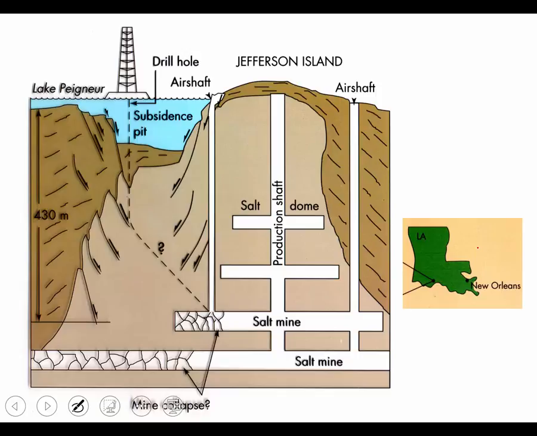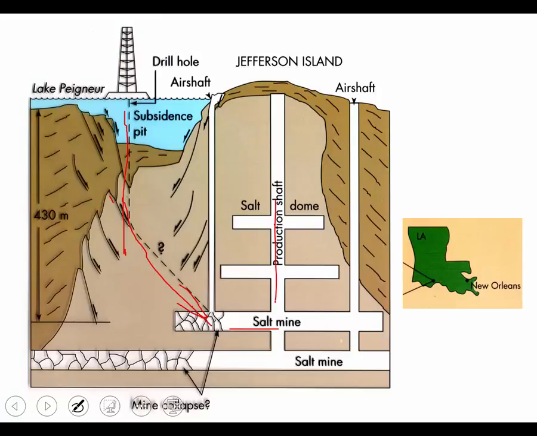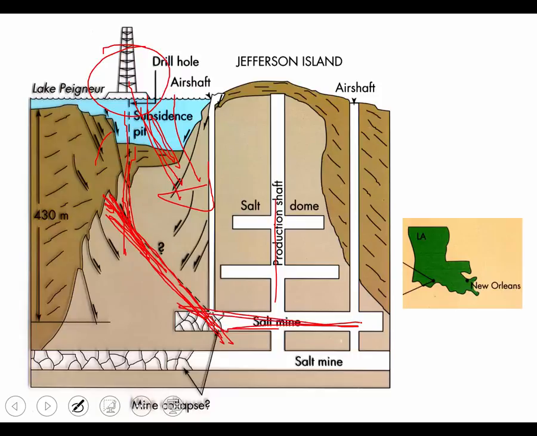And the problem is the drilling ended up intercepting some of the mines, and the whole area drained. And so it collapsed and drained going into this. And literally this drill ship was just destroyed as they intercepted some kind of a fracture zone or a fault. And so it began to fill in this abandoned salt mine.